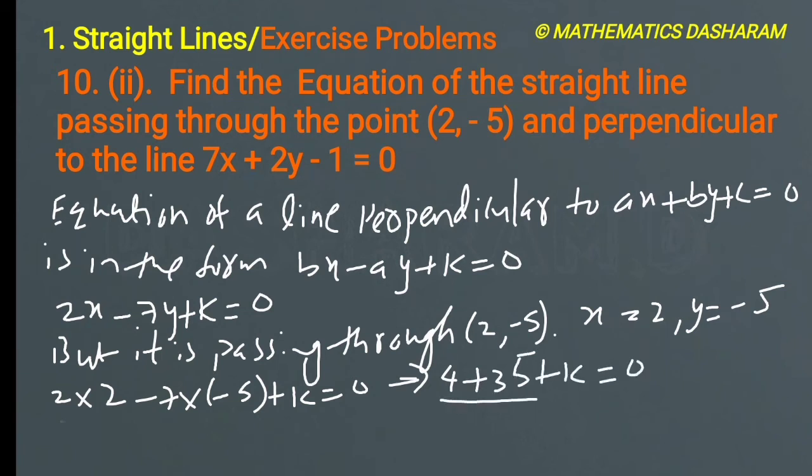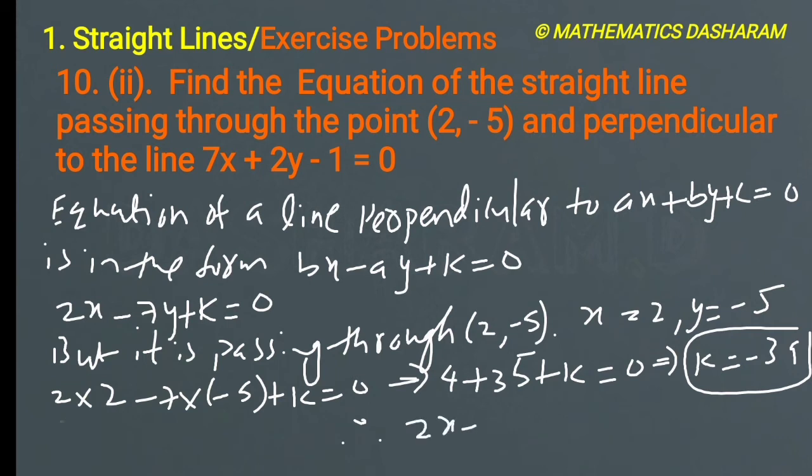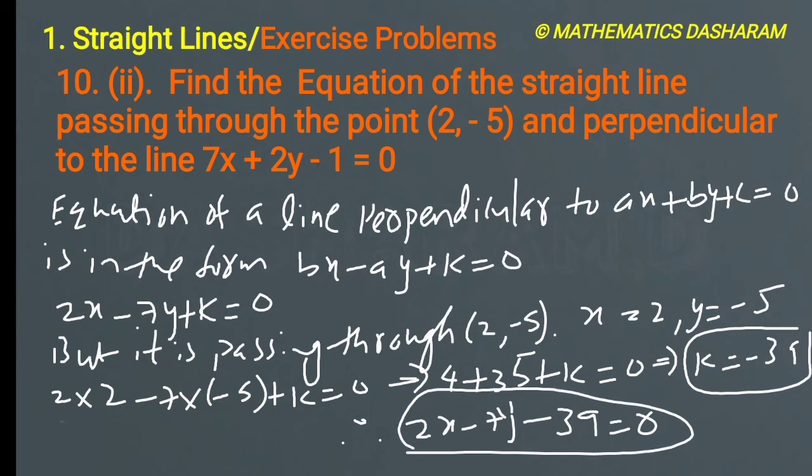So 35 plus 4 is 39, then k equals minus 39. So therefore the required equation is 2x minus 7y plus k equals 0 and the k value is minus 39. So this is our required equation.